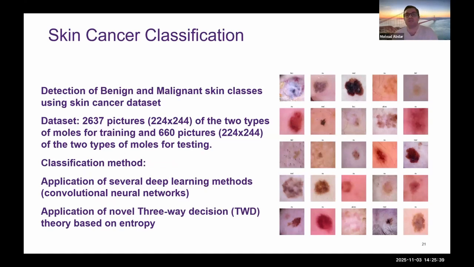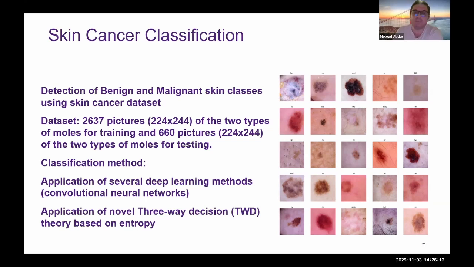One of our case studies was skin cancer classification. For this, we had a very well-known data set for skin cancer, which included 2,637 images, and we had another data set, I don't remember the numbers exactly, and we used different deep learning methods like CNNs and so on.